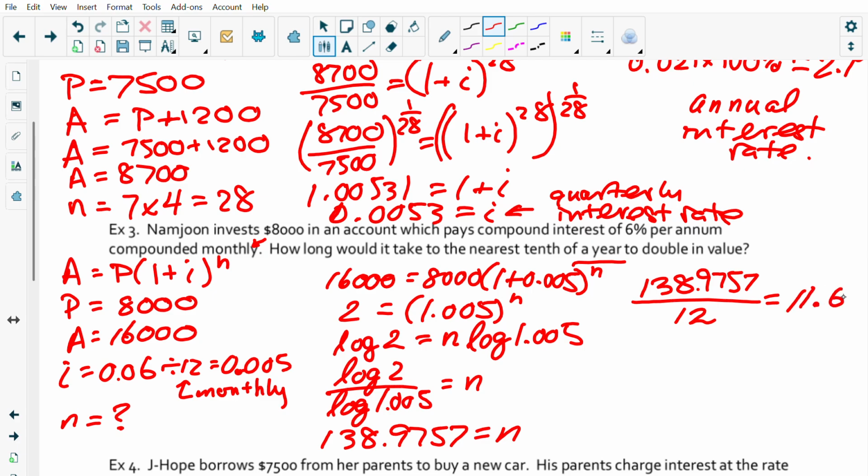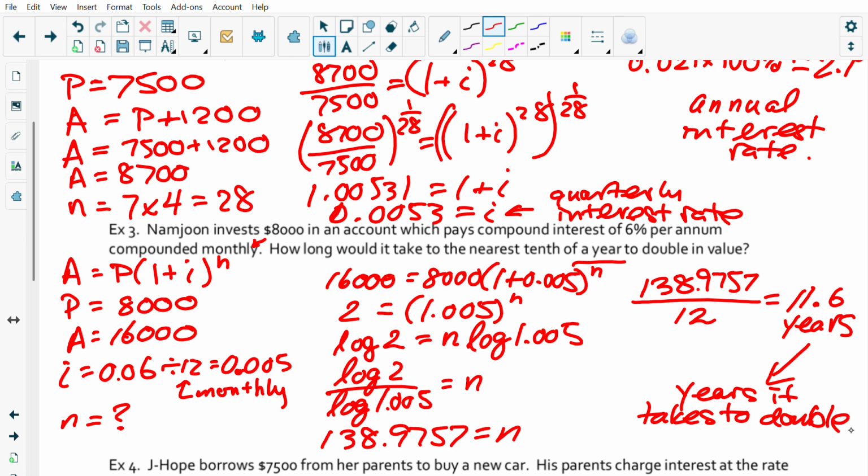And then I get 11.6 years. Okay, so this is the years it takes to double Namjoon's investment.